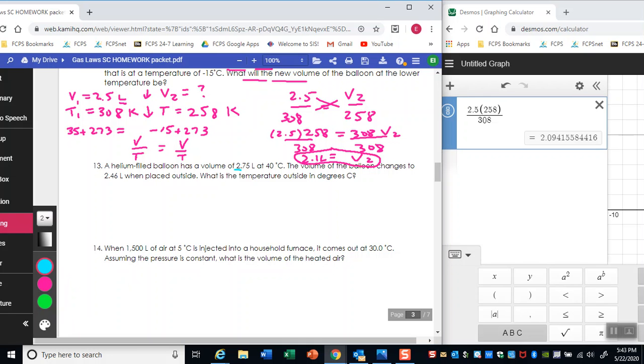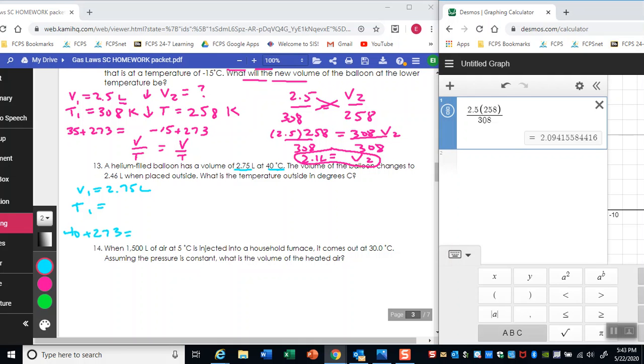All right, here we go. So we've got 2.75 liters. All right, I've got a new temperature. So I'm going to take that 40 and add 273.